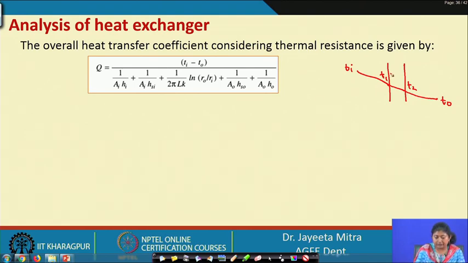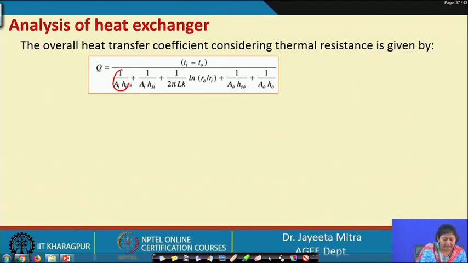So, the total temperature difference, the total gradient, is T I minus T O, divided by 1 by A I H I, that is the fluid side resistance, plus 1 by A I H S I. So, this is the inside one. Okay.